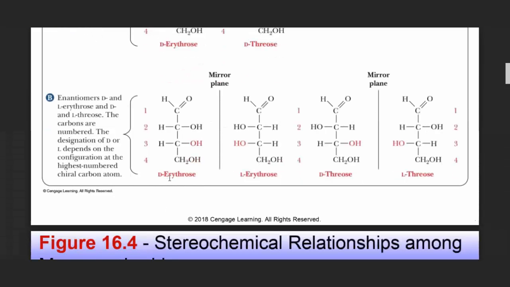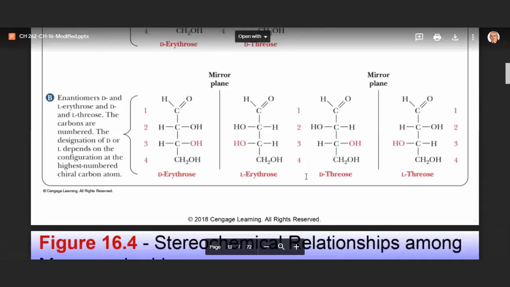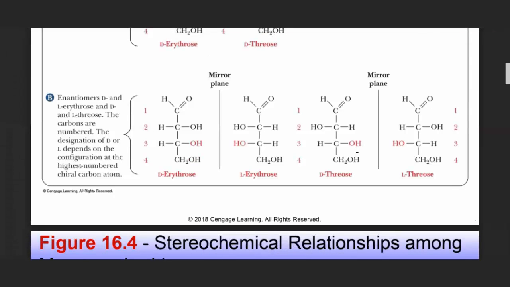Then we take the erythrose and its mirror image. They are called enantiomers. And then D-threose and L-threose, and also these are a pair of enantiomers.